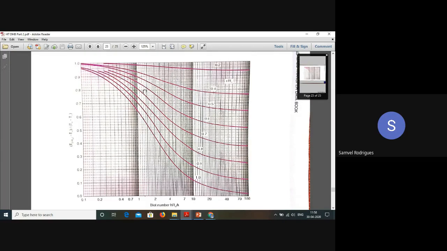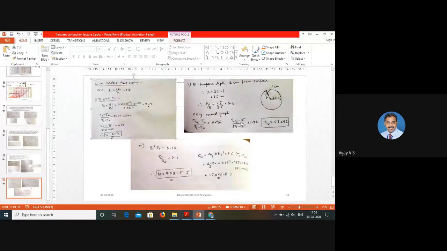See, 0.6 is only up to here, and my 0.2 line is here. So you can simply extrapolate this 0.6 line. It comes somewhere here, touches the 0.2 line, and what is the value you get? 0.95 or 0.96. So I took 0.96.